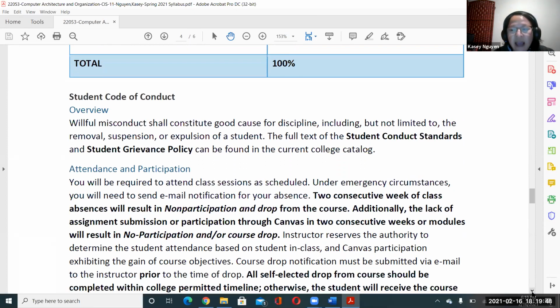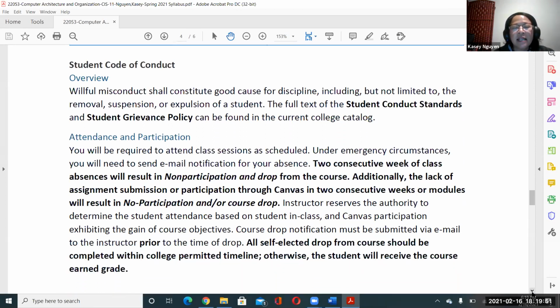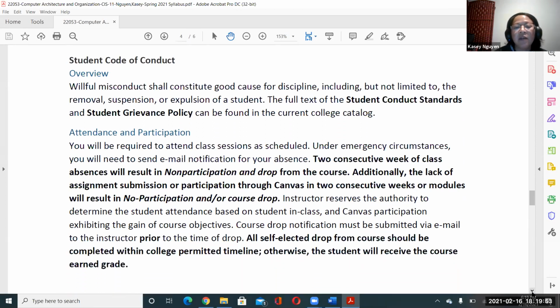I do have requirements with attendance since this is a regular meet course. I feel that if a student misses more than 2 weeks and does not do anything in the class, not participating, that student has missed a lot, because this class is a little bit more of an advanced class. So you will try to be able to grasp the concept as much as you can.